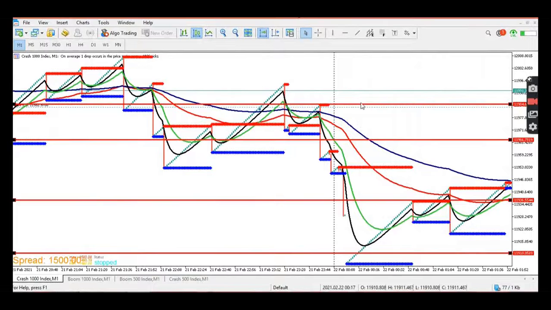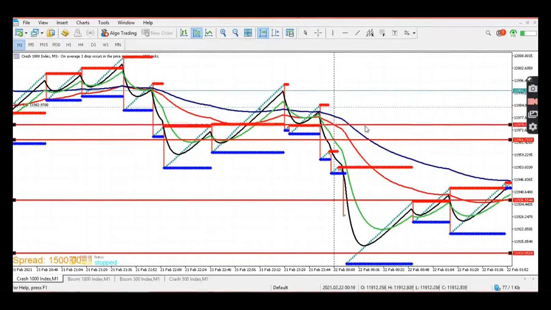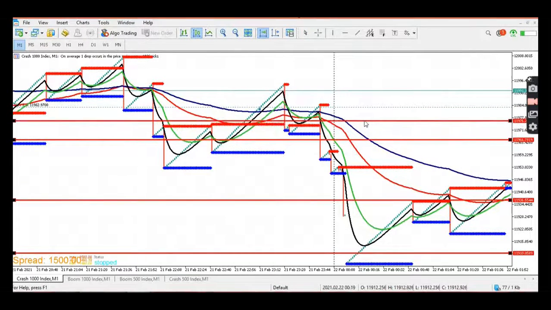This is the first confirmation, and this is the second confirmation. See, my green moving average and black cross, and I wait. After they cross this place, I enter.